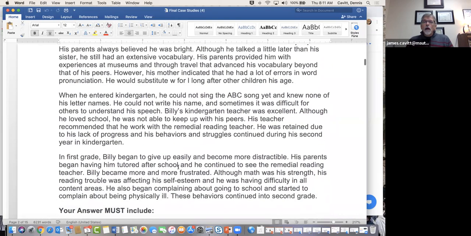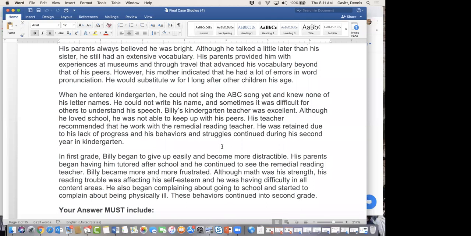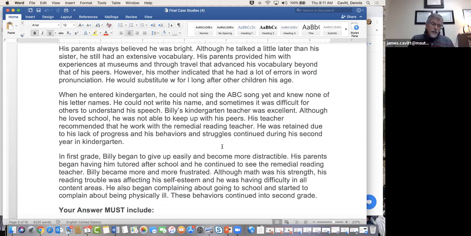So he's giving up easily, which is very typical of a student with a learning disability. He's also distractible because if he doesn't know the stuff, he doesn't pay attention to the stuff, right? So those are all those elements of a specific learning disability.